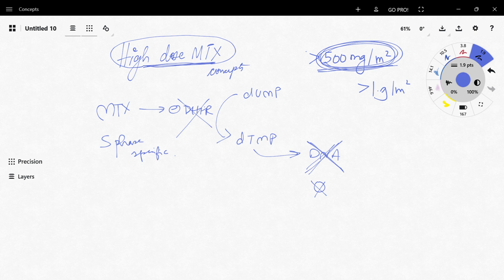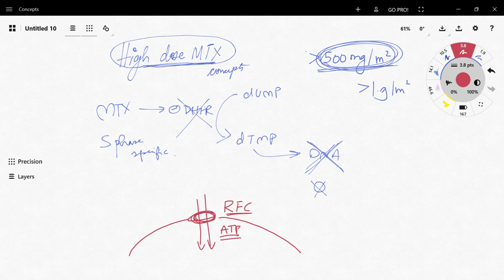So one thing to remember is that just the way your body transports folate into your cells, there is a reduced folate carrier protein on the surface of your cells. It's pretty ubiquitous. Now the thing about this is that it transports both folate and methotrexate in an ATP dependent manner.